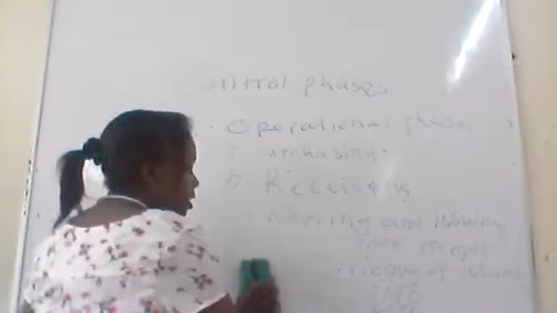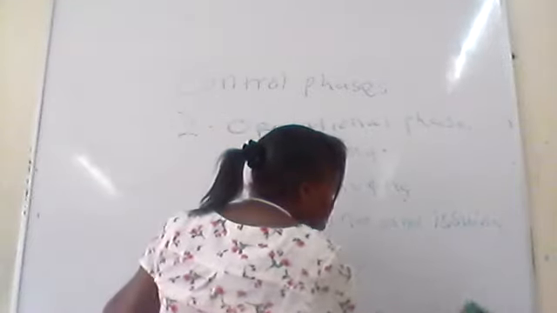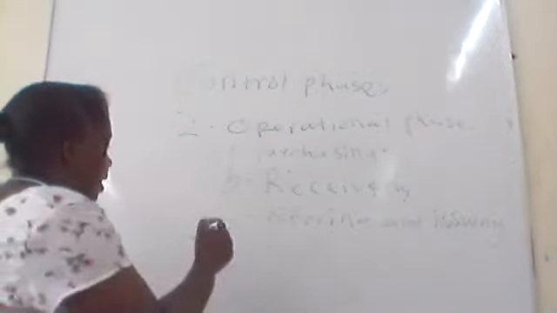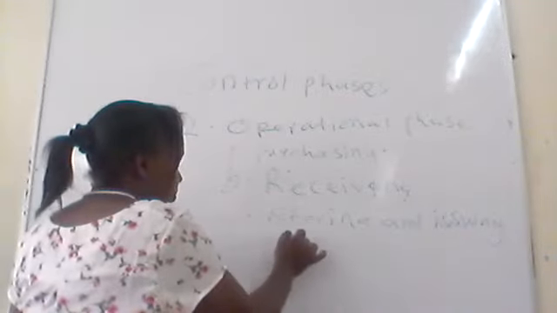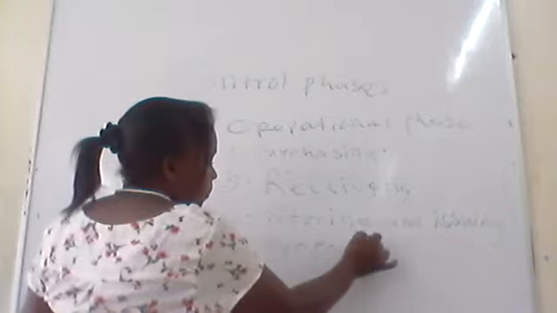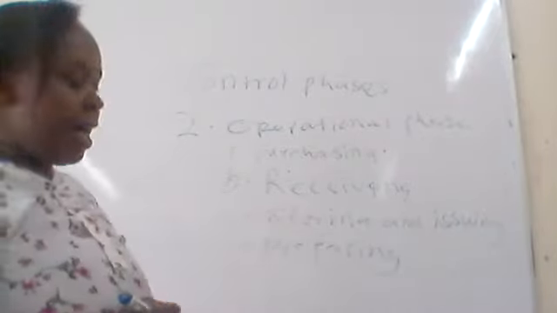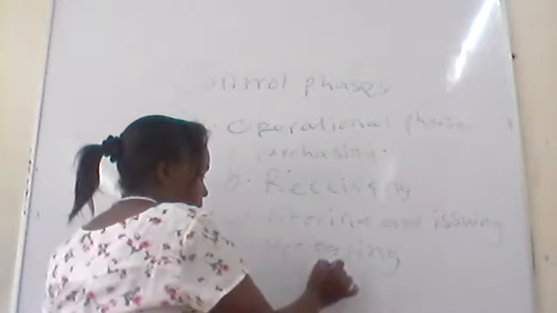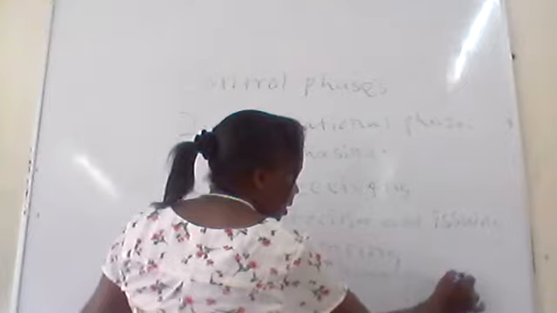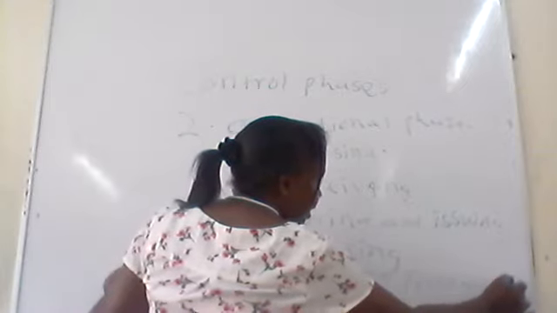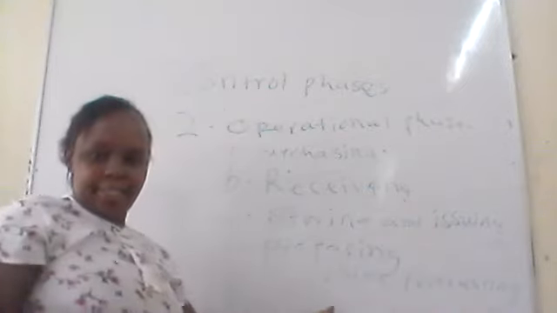Now, after storing and issuing, go to preparing, number D. Under preparing, what do we look at? We look at the volume forecasting, which is the same as predicting.